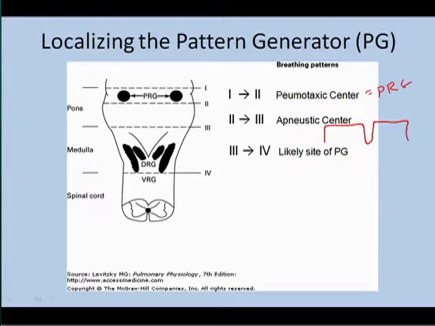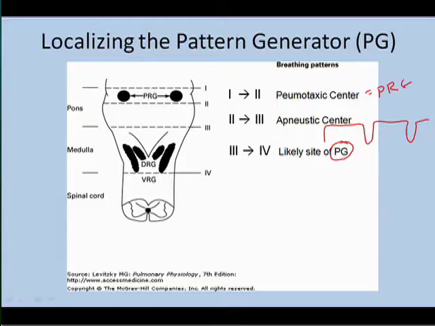In the previous slide, you saw that when there is a transection at level 2 and transection of the vagal nerves, there is apneustic breathing. So there must be feedback via the vagal nerves that is integrated by the apneustic center that leads to termination of inspiration. As has already been stated, the pattern generator itself lives between level 3 and level 4.